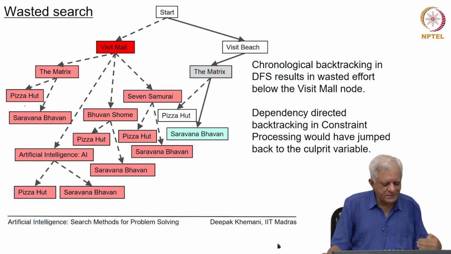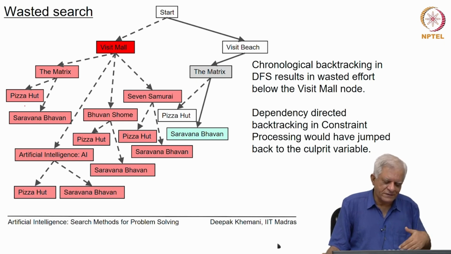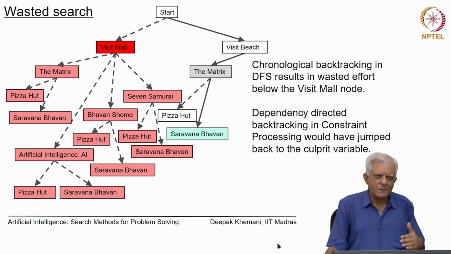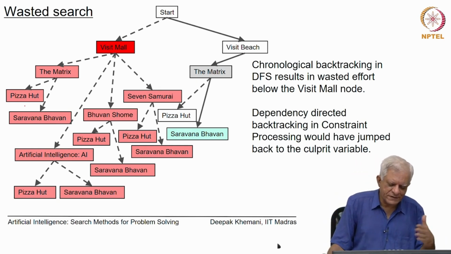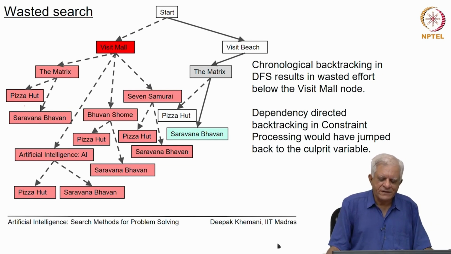So, after a solution is rejected, it first backtracks and tries a different film or a different restaurant. Then if that does not work, it goes back and tries a different film and so on, and only when it has completely explored this side where the first activity was mall, does it backtrack and go to the second activity.